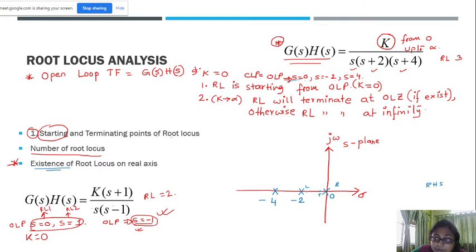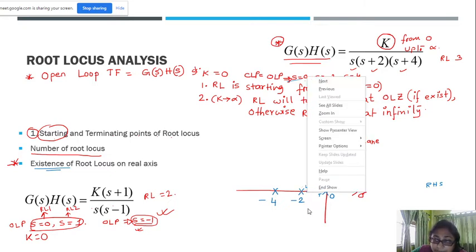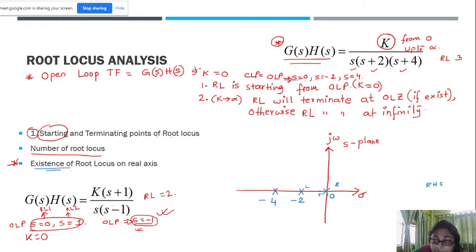Similarly, if you take a test point over here, only one pole is on the right hand side, so root locus will exist here also. This condition will prevail from here to here. For each and every test point from here to here, the number of poles or zeros on the right hand side will be odd.